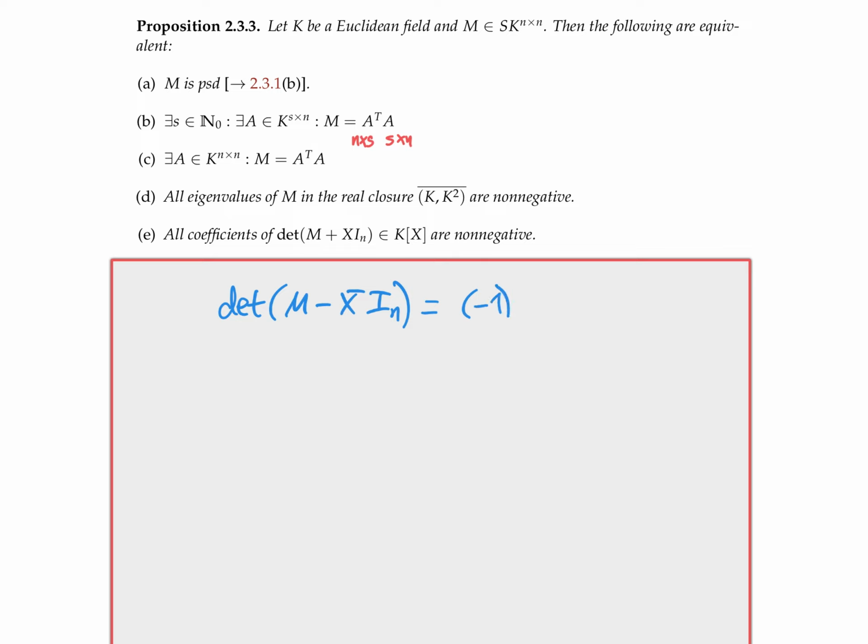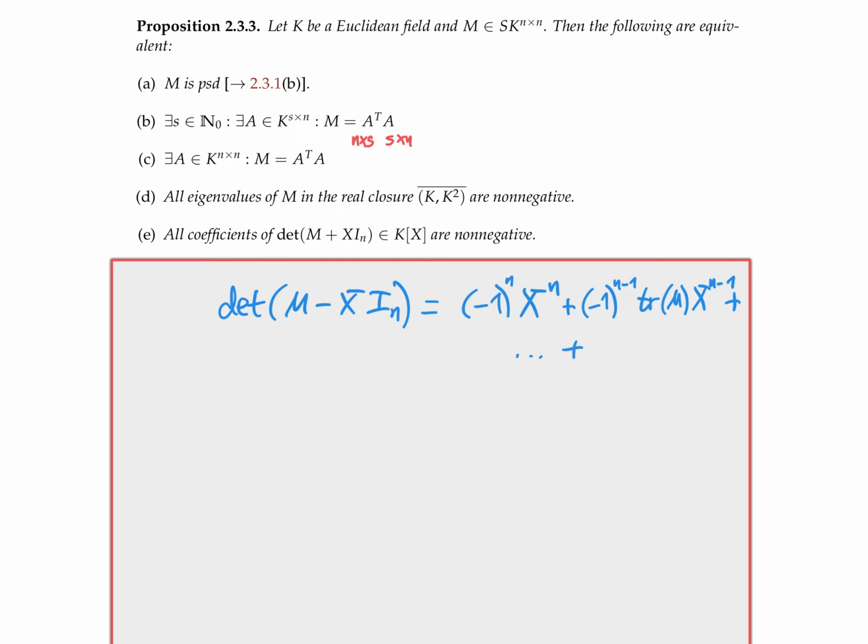If M is an n by n matrix, you get (-1)^n x^n, and then plus (-1)^(n-1) times the trace of M times x^(n-1) and so on.